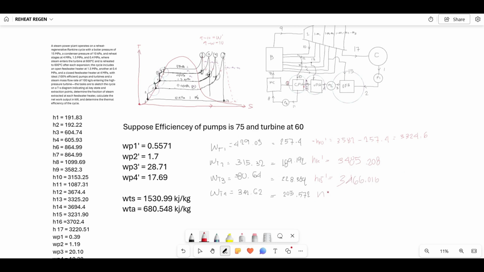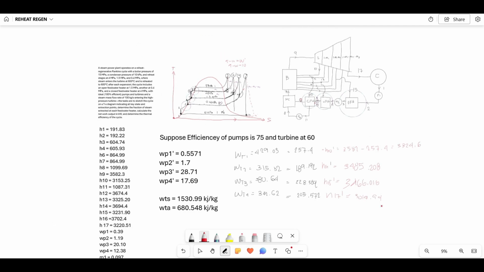And H17 prime now will yield from 3220.51 minus 205.572. We now have an enthalpy of 3014.94. So these are the actual enthalpies.